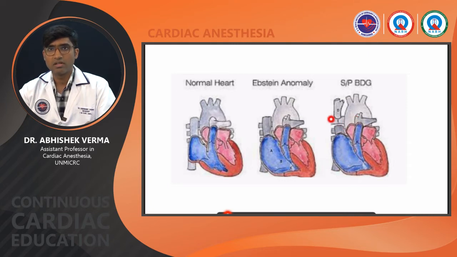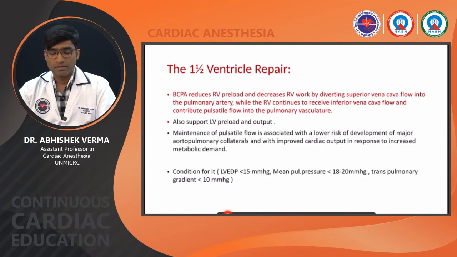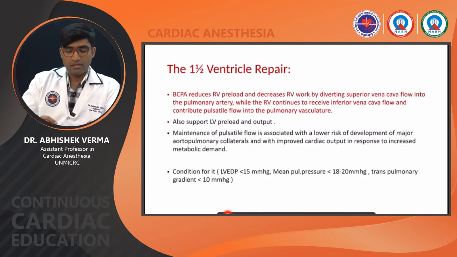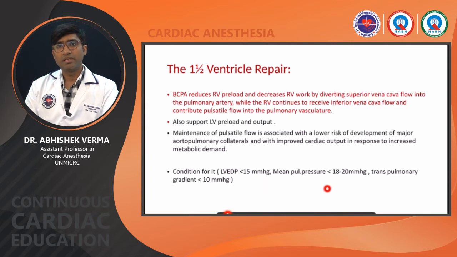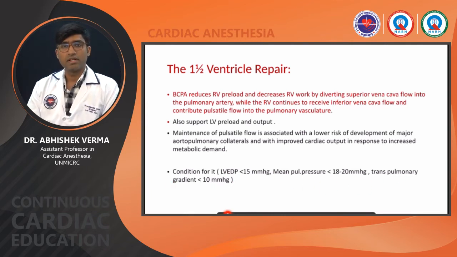But a condition is required: we need low PVR for good flow, so that good flow goes across from the SVC to the pulmonary artery. So it's the same theory here. One point is important for one and a half ventricle repair: LVEDP should be less than 15, mean PA less than 18 to 20 mm Hg, and transpulmonary gradient less than 10 mm Hg.